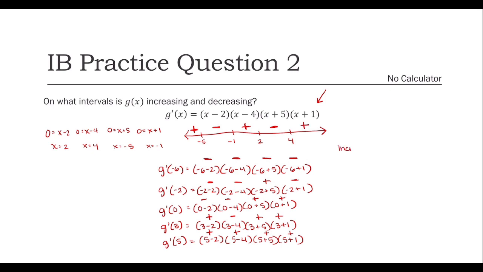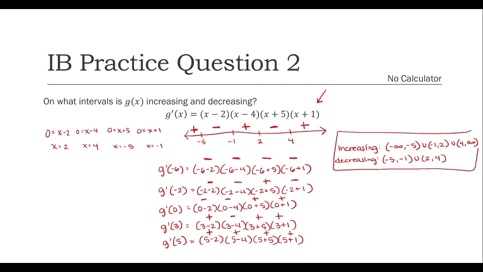So our function will be increasing from negative infinity to negative 5, negative 1 to 2, and 4 to infinity. And then it will be decreasing from negative 5 to negative 1, and from 2 to 4. And that's the solution to this problem.